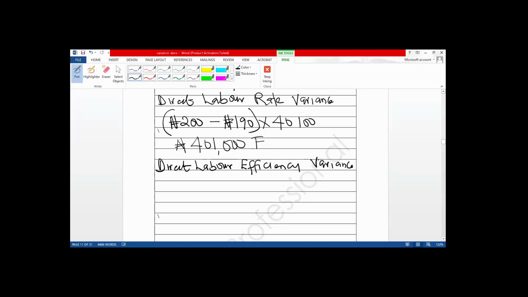We look at the formula here. Standard labor hours for actual production minus actual labor hours used for actual production, multiplied by the standard rate per hour.